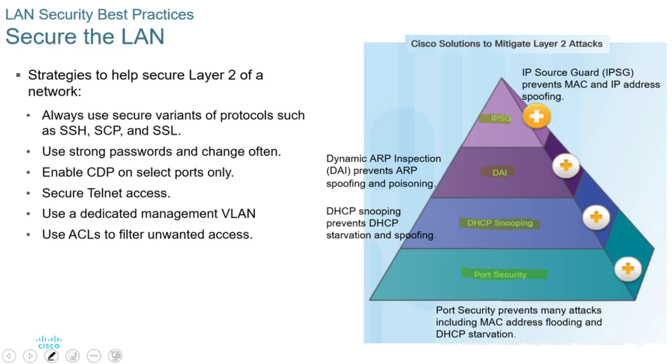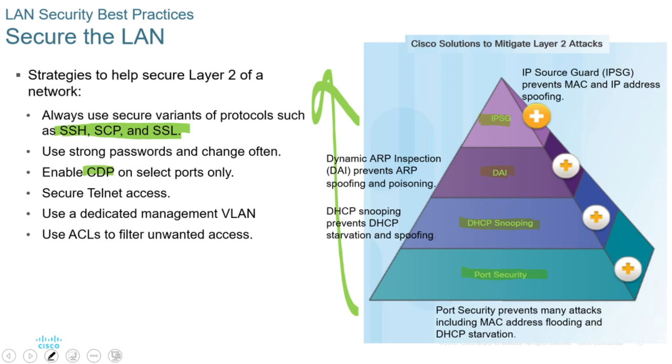Again, we will talk about some of these things later on, but it is a multi-layered approach that can mitigate security threats at different levels. We could start by using more secure protocols or secure variants of protocols, things like SSH, SCP, and SSL. Changing passwords and using strong passwords is, again, a very common approach.